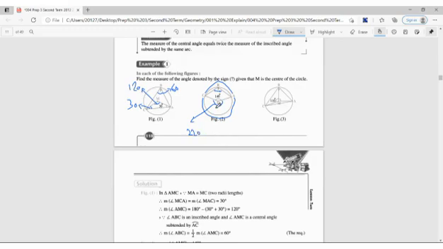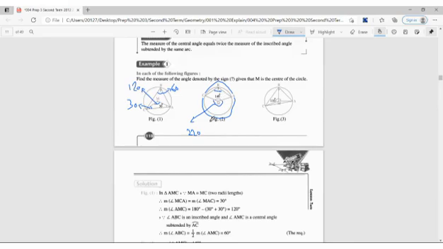Now this is the central angle from which I will get the inscribed angle. So the inscribed angle ABC is half the central angle AMC, which is the reflex of the angle AMC.